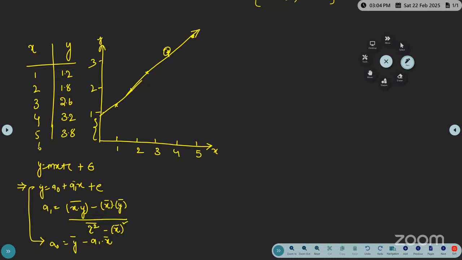With the points that were given here, we need to find the mean of X, which is X bar, and mean of Y, which is Y bar, and also X and Y whole mean and X square. We'll substitute all these values. I have already calculated them.